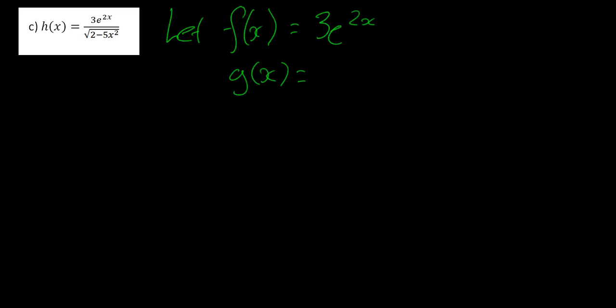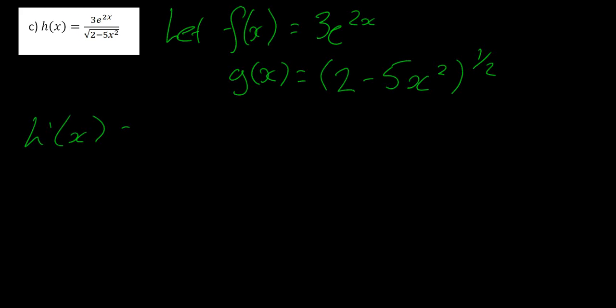So again, going to let our numerator equal f of x, and our denominator as square root of 2 minus 5x squared. But let's just put this into index form. Just remember that it's a lot easier to differentiate any square roots that you might encounter using this half index instead.